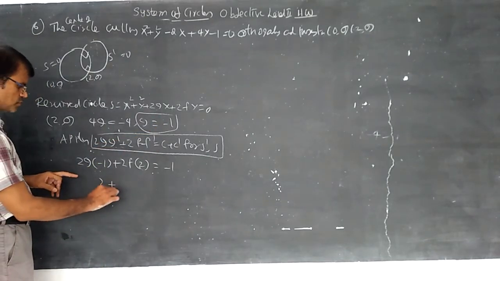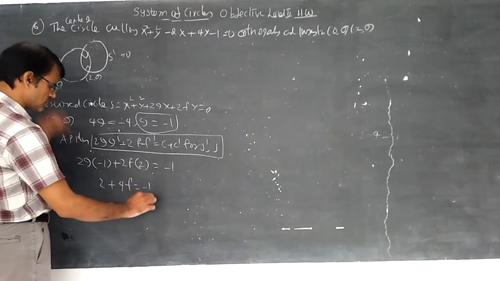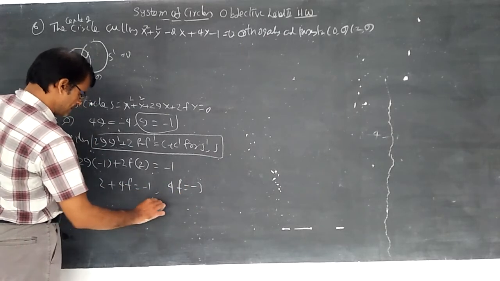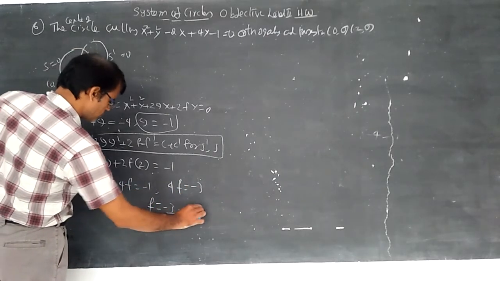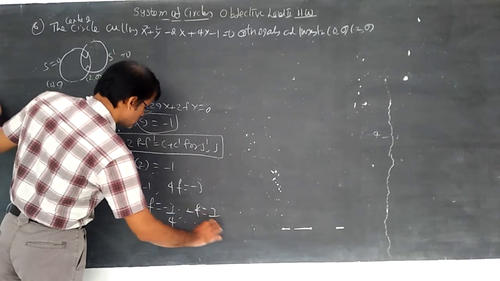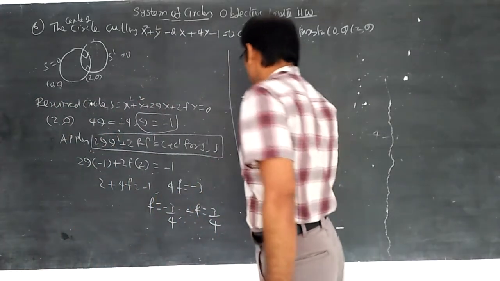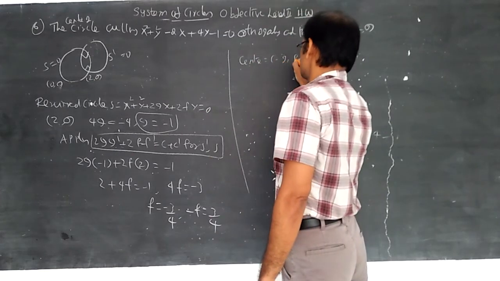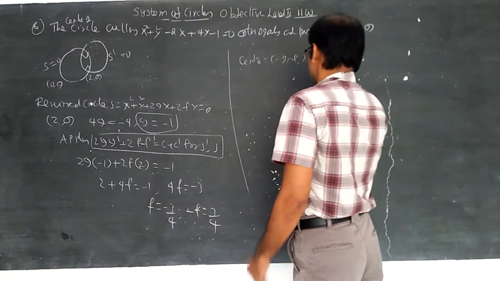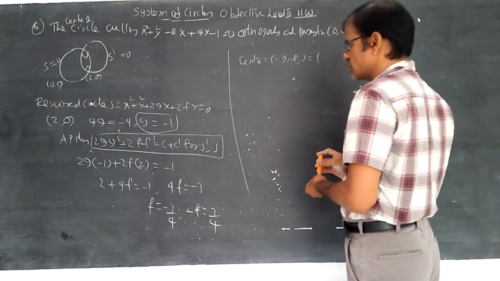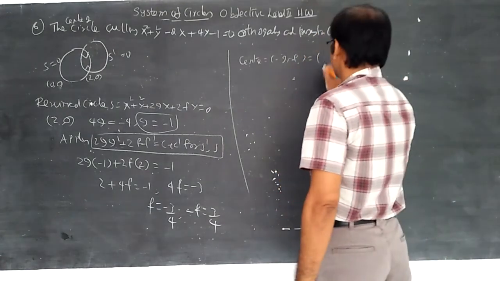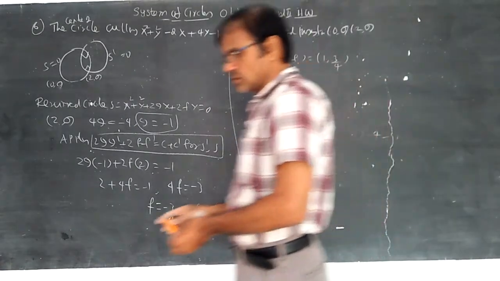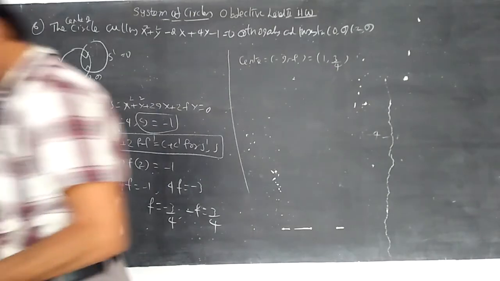Simply it is 2 plus 4f is equal to minus 1. You can write here 4f is equal to minus 3, f is equal to minus 3 by 4. We need minus f because the center notation is minus g comma minus f. So the center is 1 comma 3 by 4. That is the second option.